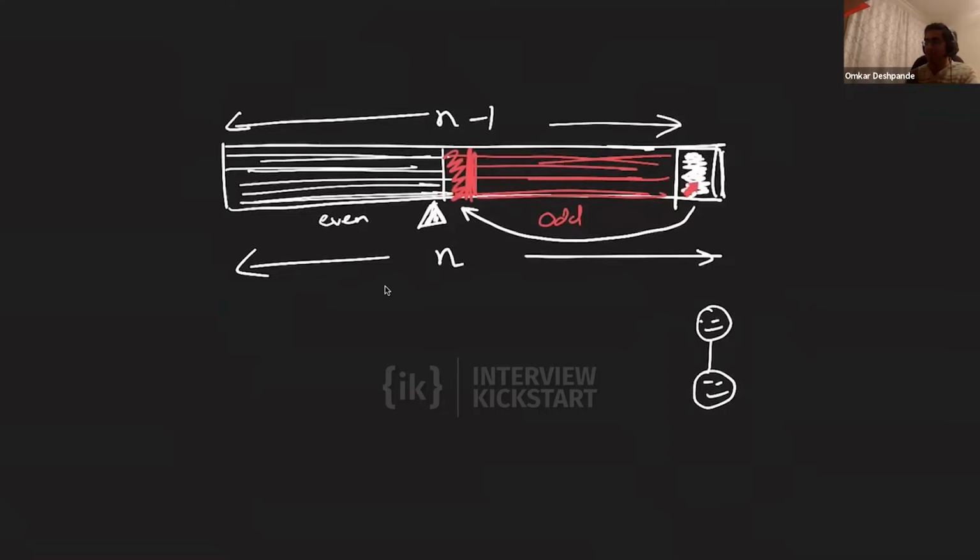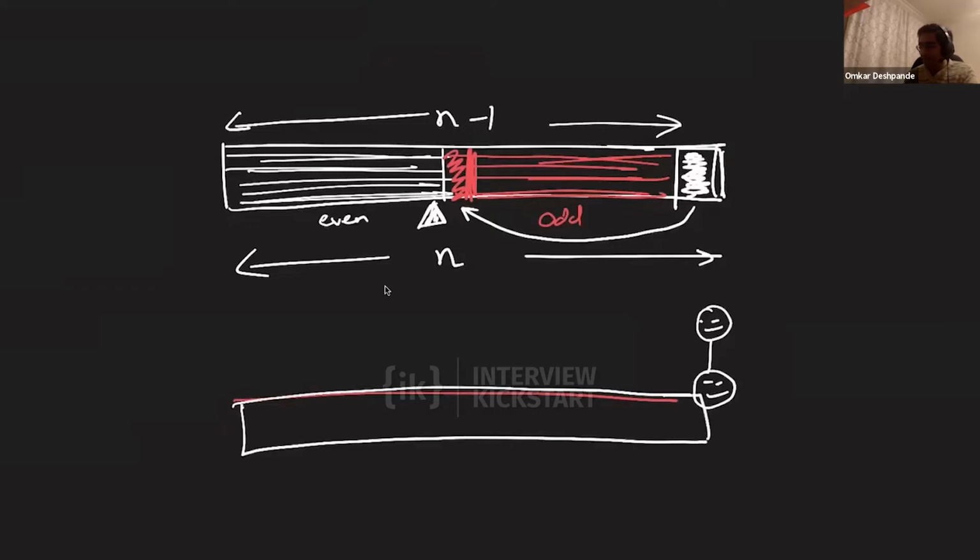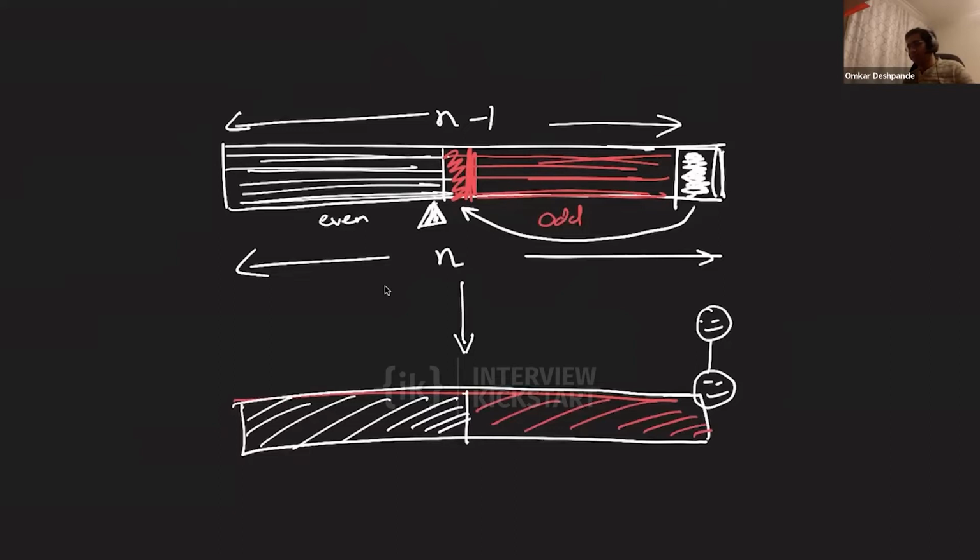And this red number would come here, and the result would be something like this. It doesn't matter whether the white and red regions are internally sorted. All that needs to happen is that all the evens or the whites should be on the left and all the reds or odds should be on the right. Doesn't matter what their relative order is. So that's something we can achieve using a decrease and conquer approach.